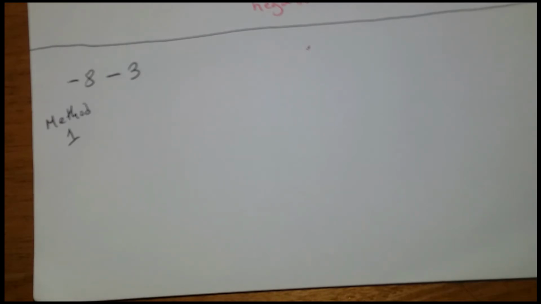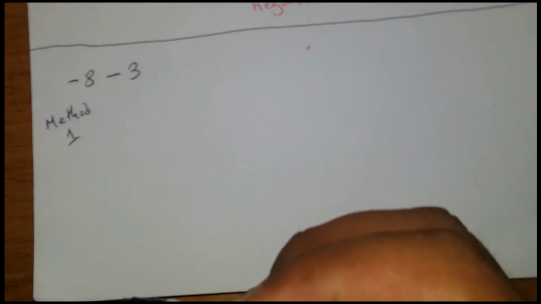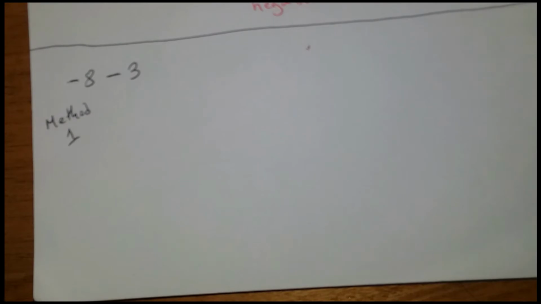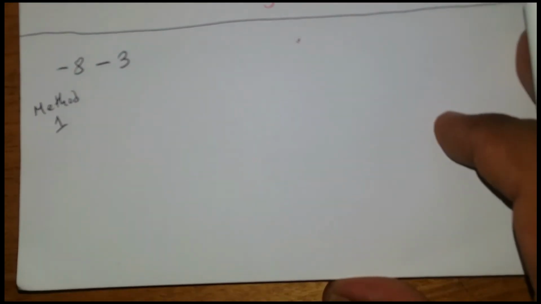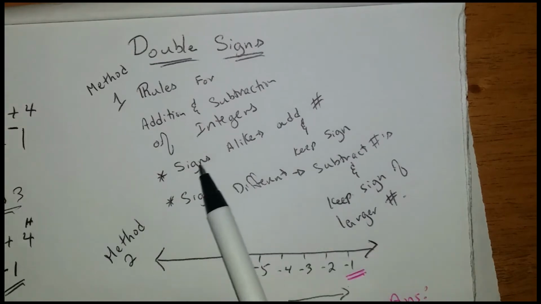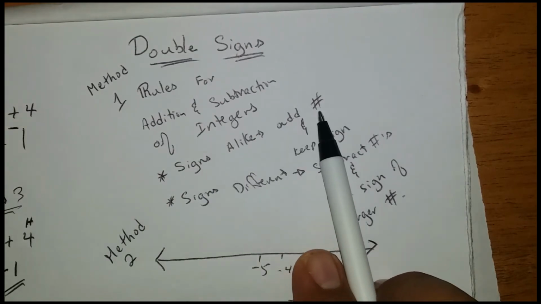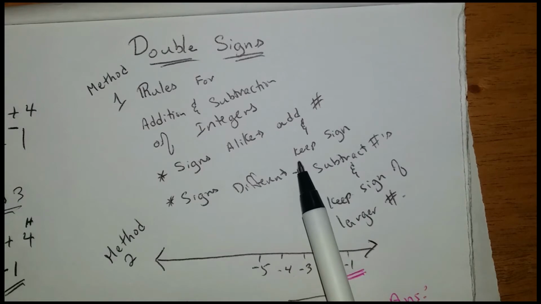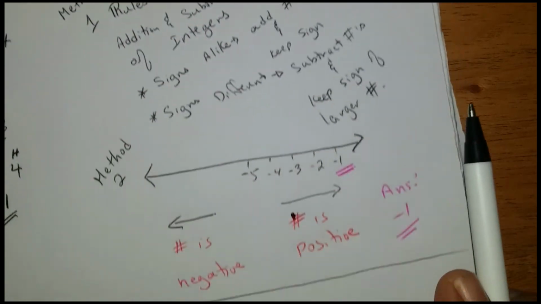Here we can see that the signs are the same. Since the signs are the same, we are going to add the numbers, right? Let me go back to where we have it. Signs the same, you're going to add the numbers and keep the sign. So let me add the numbers.